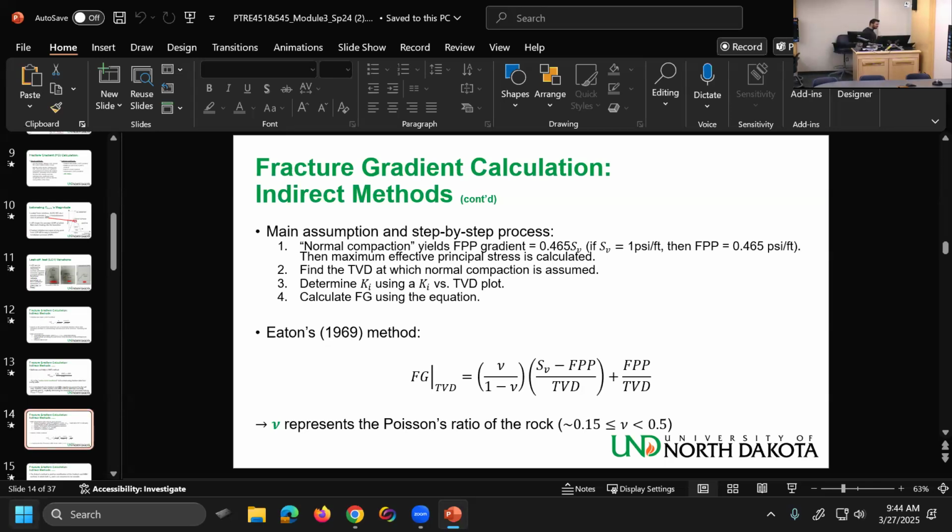I was at the American Rock Mechanics Symposium last year, and there was a student who put a Poisson's ratio of 0.73 on his poster, okay? I confronted the student, and he said, oh yeah, I went to the lab, I put it in a machine, it gave me 0.7, and I put it on the plot, okay?